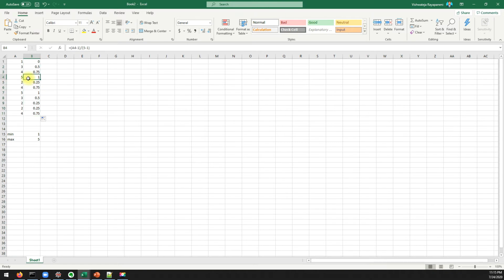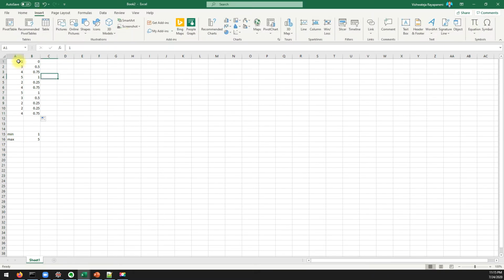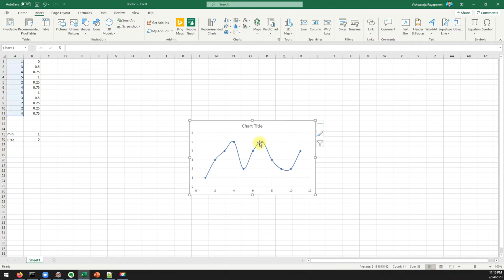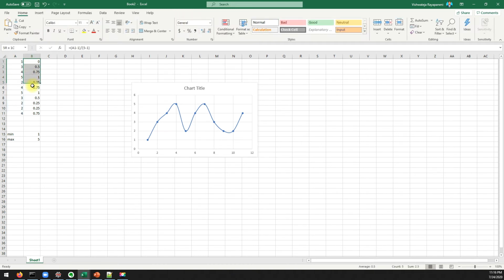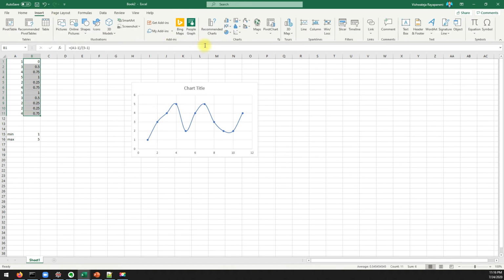If you see this, we always have a value between 0 and 1, not less than 0 and not greater than 1. Now we'll plot the graph for these values before scaling, and we also plot after scaling.